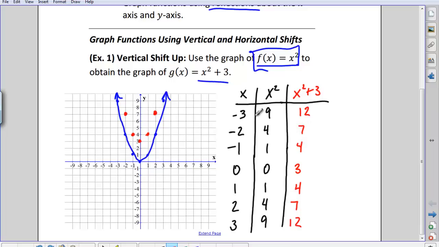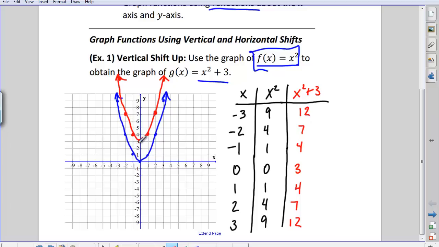And then one at negative 3, 12, and positive 3, 12, which would be up here somewhere. That graph looks almost exactly the same as my original, but it's been moved up. How many units did we move up? From 0 here to 3 here, we shifted up 3 units.